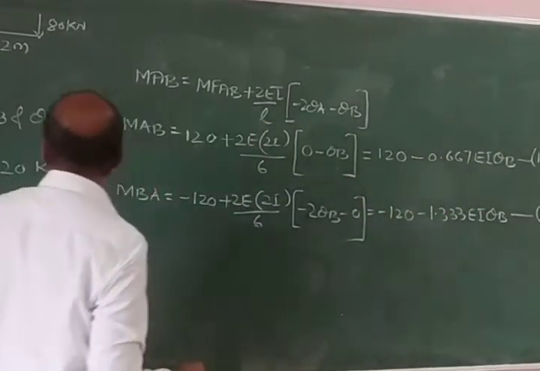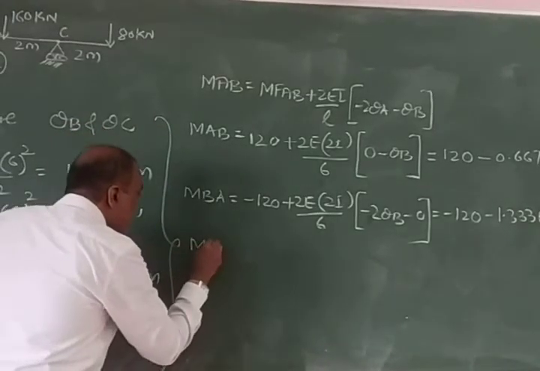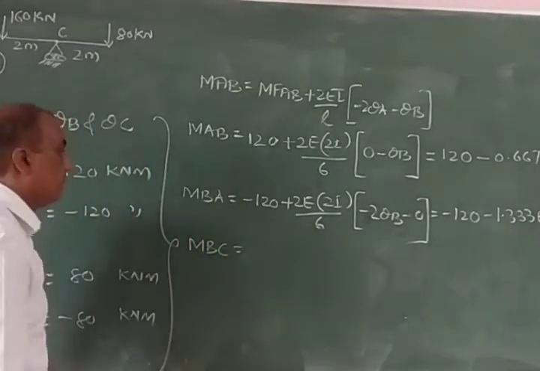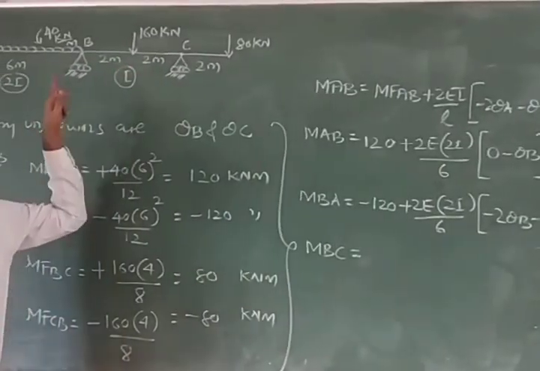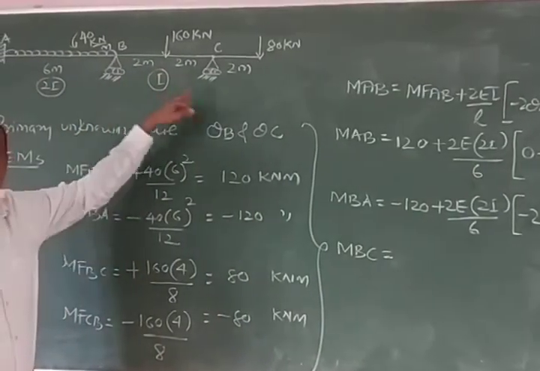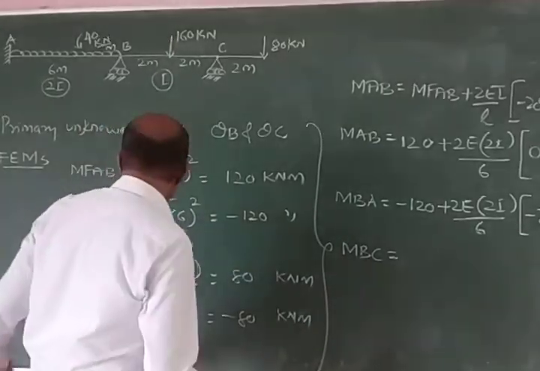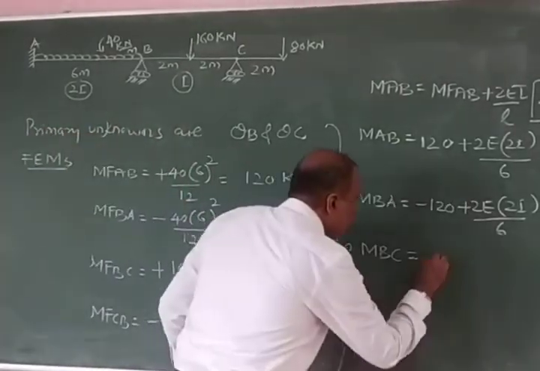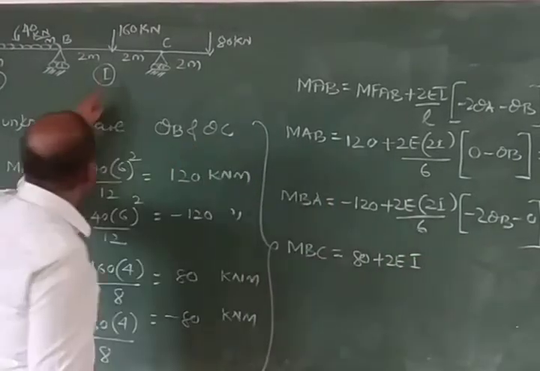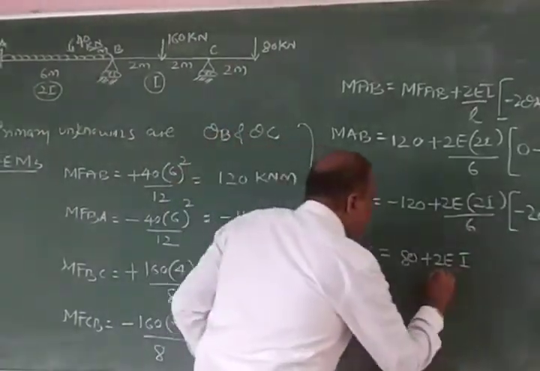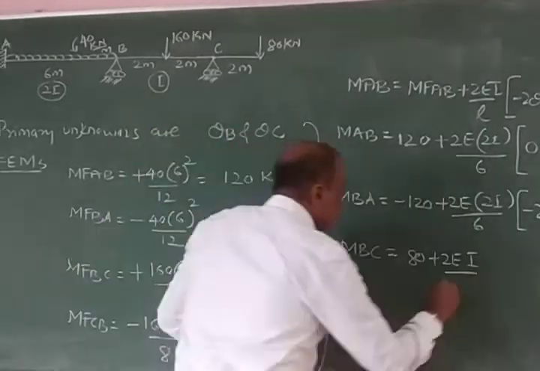Now similarly, let us write down MBC. What is MBC? MBC is MFBC for this BC, MFBC plus 2EI upon L minus 2 theta B minus theta C. So MFBC we have already found out, 80, plus 2E. I is I for BC, L for BC is 4.